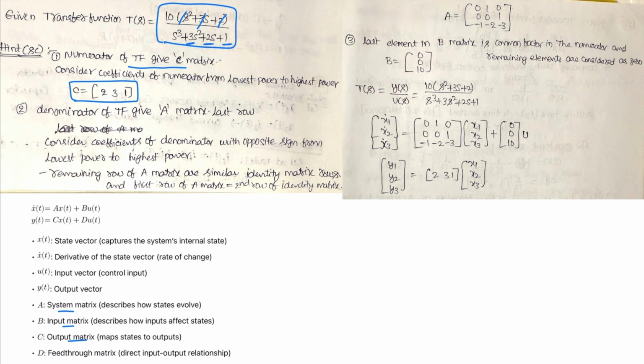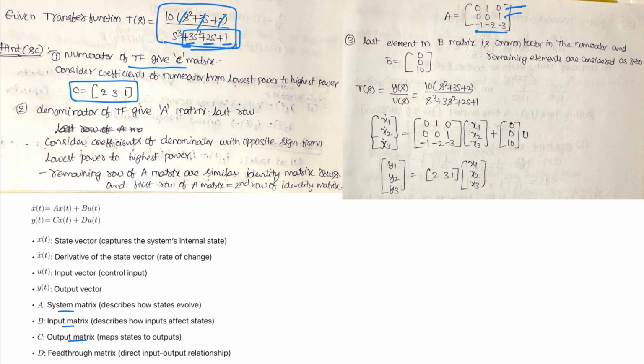Consider the coefficients of the denominator with opposite sign from lowest power to highest power, minus 1, minus 2 and minus 3, and the rest of the elements of this system matrix are the same as the elements of the identity matrix, but starting from the second row of the identity matrix: 0 1 0, 0 0 1.